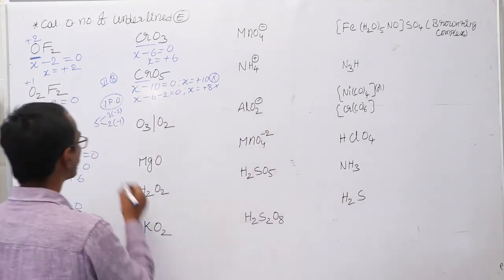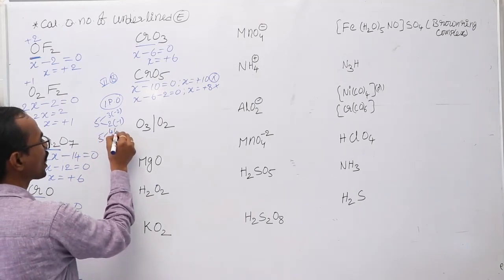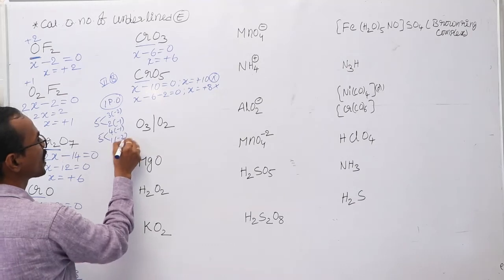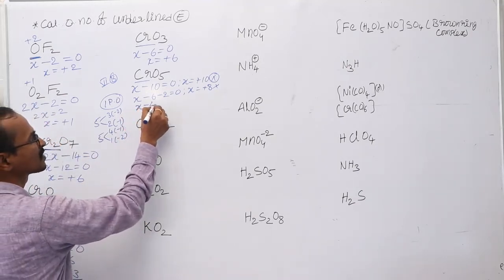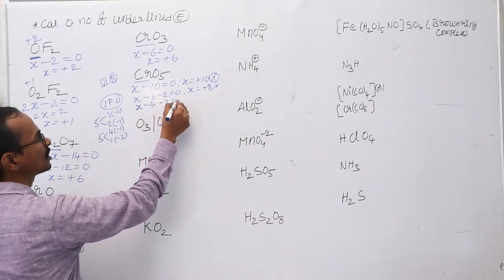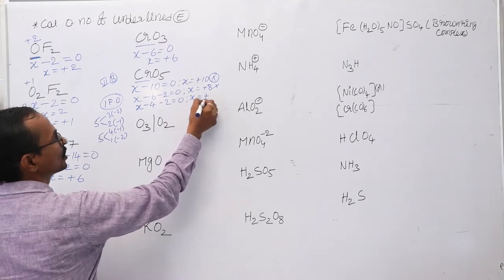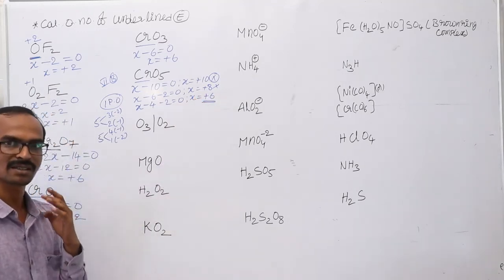So out of 5 oxygen atoms, 4 are having minus 1 oxidation state, 1 is having minus 2 oxidation state. So X minus 4 minus 2 is equal to 0, X is equal to plus 6. So the oxidation number of the chromium is plus 6.